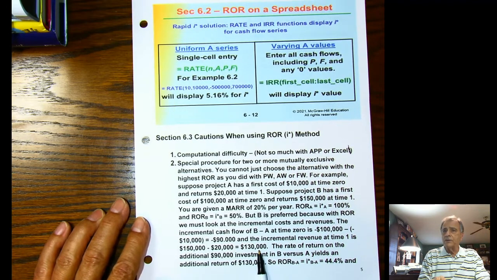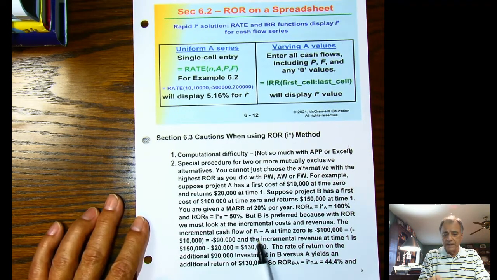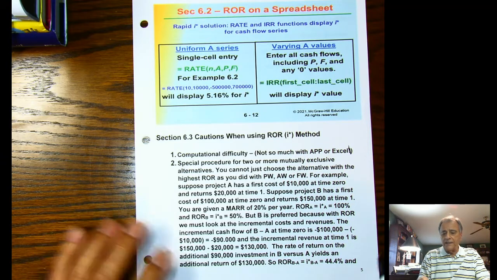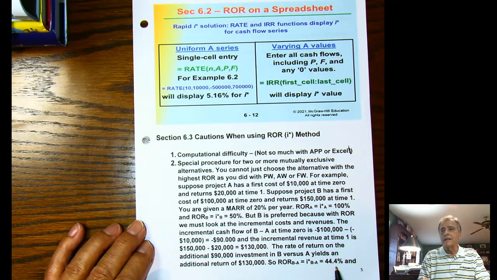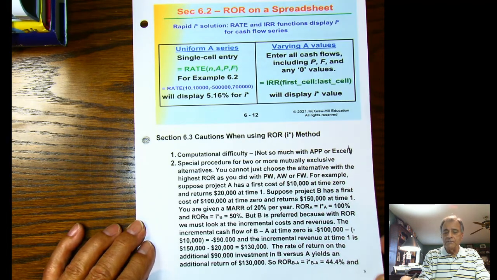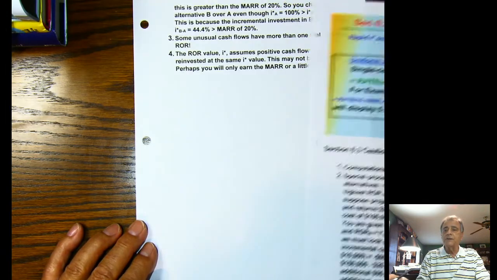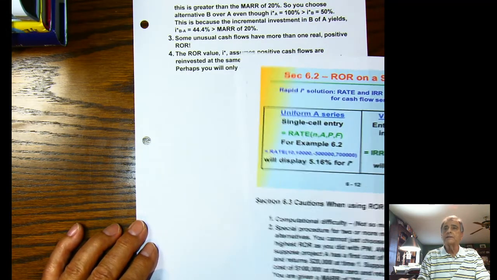What's the rate of return on that differential, B minus A? Well, it turns out that that's 44.4%. And our MAR in this case is 20%. So B is better than A in this case, even though its rate of return is lower.